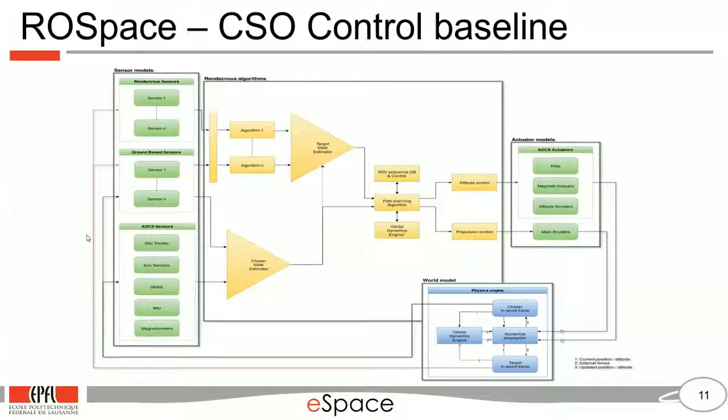So I'll just take a step back and then present here what we first thought the simulator should look like. We have all the intelligence, all the different algorithms that we think were necessary: target state estimator, chaser state estimator, path planning algorithms, control algorithms, actuators, sensors, and a world model with a physics engine.